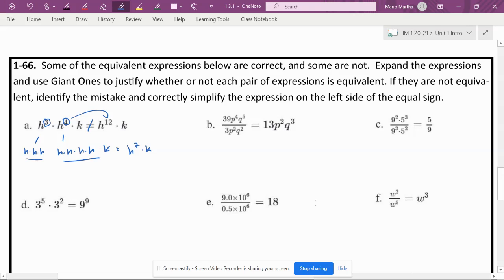All right. Part B, so 39p to the 4th times q to the 5th over 3p squared times q squared. So again, make sure you write out those giant ones.